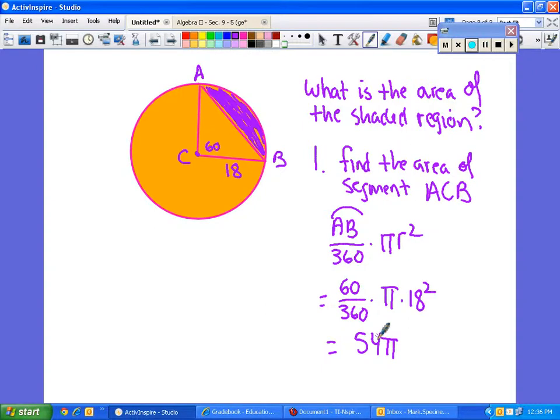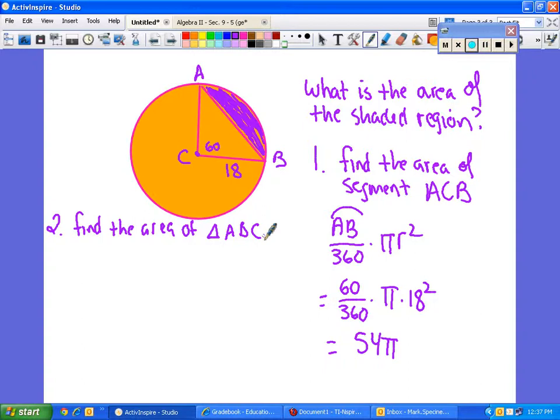Step number 2 is to find the area of triangle ABC. What we know about this triangle is that it is an equilateral triangle, so all 3 sides are the same length.